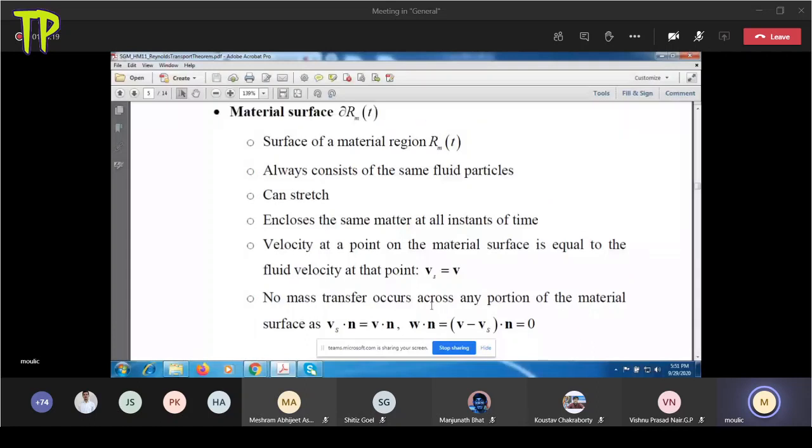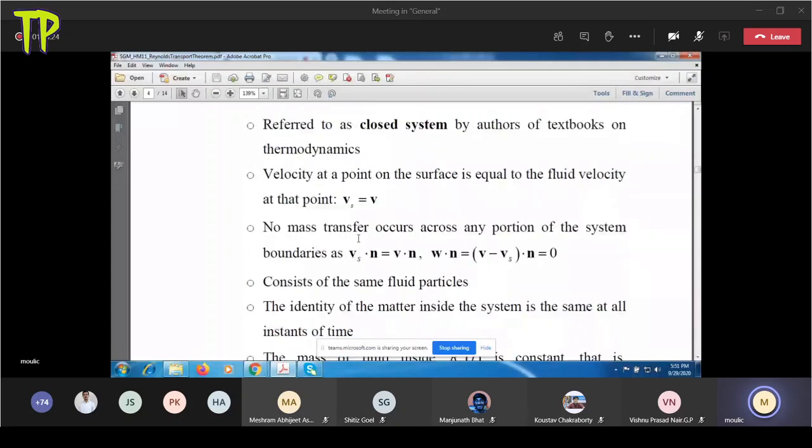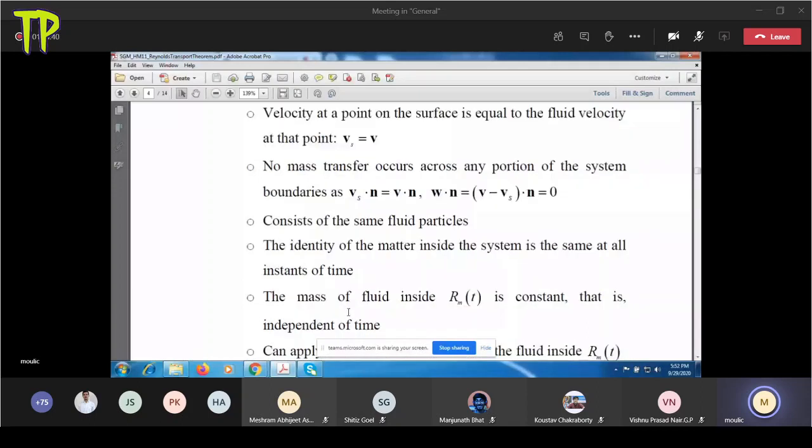Hence there is no mass transfer, and the material region will always consist of the same fluid particles. If you look at the inside of the region enclosed by a material surface, you will always have the same particles, and hence the mass of fluid inside R_M(t) is constant, independent of time. Not only that, the identity of the matter inside is the same at all instants of time.